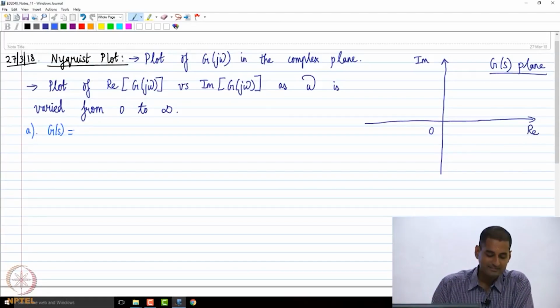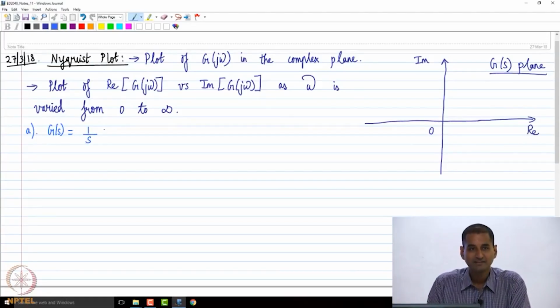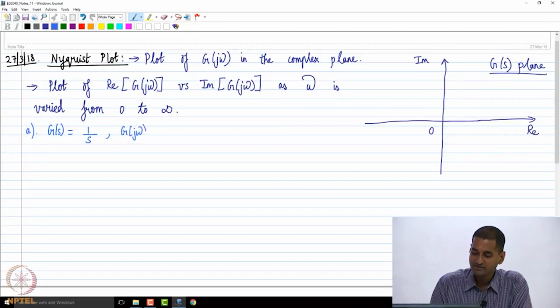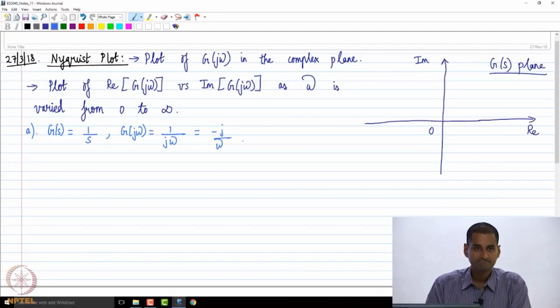So what happens from the other factors onwards? Suppose I consider 1 by s, which was another factor that we considered. Then G of j omega is going to be equal to 1 divided by j omega, and this can be rewritten as minus j by omega. Do you agree?